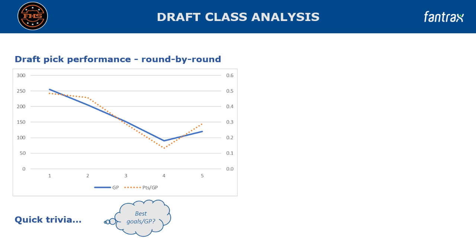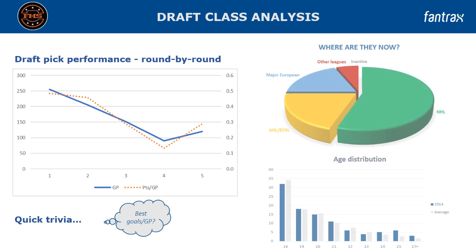So many of the prospects didn't pan out there, and there were some older prospects that we rolled the dice on in this round, like Jussi Rinas and Petri Kontiola, who was 30 at the time of the draft, one of the oldest players drafted ever. And in the fifth round we did a lot better, and you will see why, because some very, very good players were picked in the fifth round.